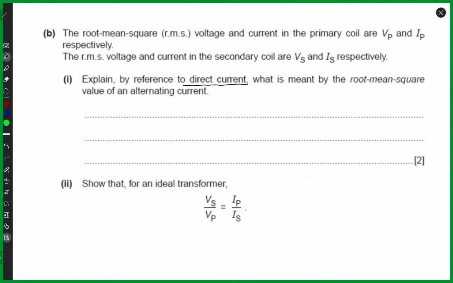Explain by reference to the direct current what is meant by the root mean squared value of the alternating current. Again, it's actually the same problem that we did earlier. You just have to describe the meaning of the root mean squared value of the alternating current. And what is it? It states that it is the value of direct current that would produce the same average power or heating effect in a resistor as alternating current, right?